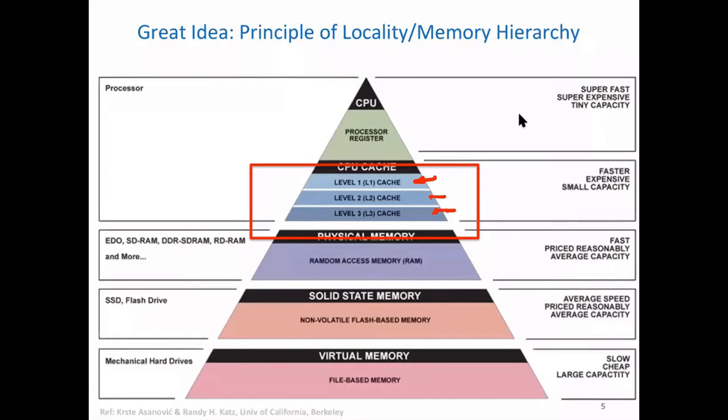So what we see is that as we move up, even in the cache hierarchy, the cache sizes reduce, and it uses better technology wherein speed is higher. And then below that we have random access memory, which is basically DRAM. So it's cheaper and larger in size, and access time is also slower. Below that we have solid state memory, and then we have disk drives, mechanical hard drives.